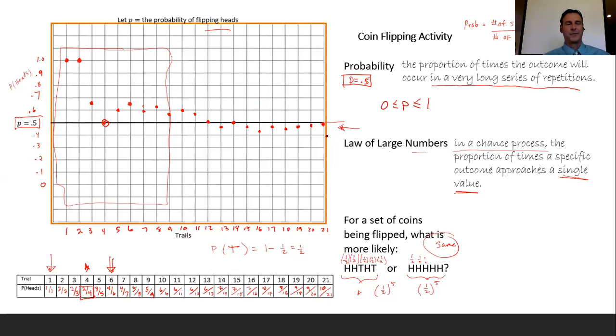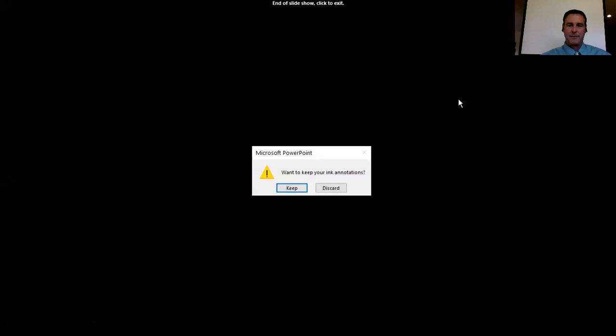Had you flipped it another 20 more times and extended this out further, I don't know how your points would have looked, but chances are they would have just hovered around this and gotten closer and closer, a little bit above and a little bit below.